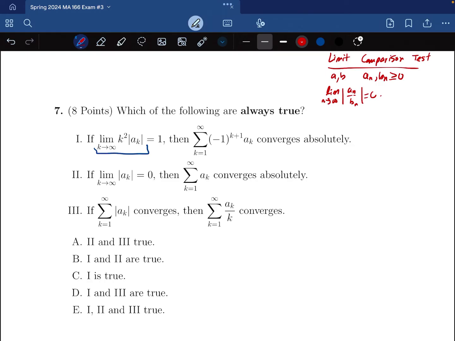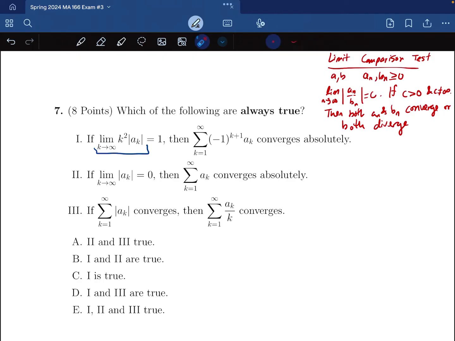If c is greater than 0, so if it is positive and it is not equal to infinity, then both a_n and b_n converge, or both diverge. Okay, both diverge. All right.